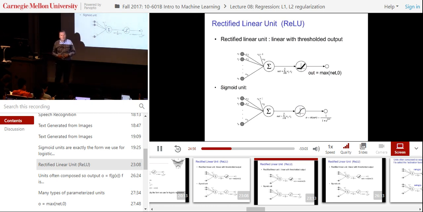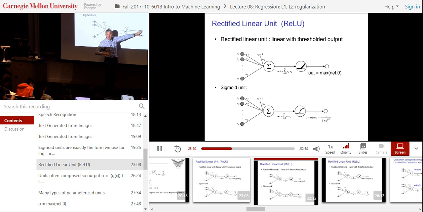Yes? Sorry? What do you mean by a unit? A unit is just a computational unit. This would be one, that would be one, that takes some inputs and then computes an output. And these inputs are, each of them, just a single real valued number.